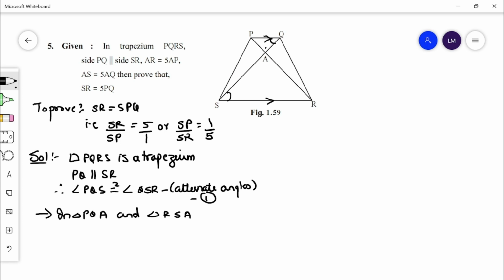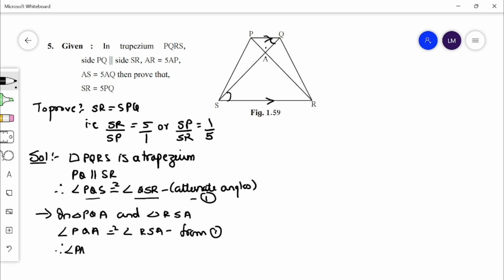RSA, right? So first we already got PQS is equal to QSR, right? But according to the triangle we will take PQ, instead of S we will take A, is congruent to angle RSA, from 1. Next we will take the vertically opposite angle.